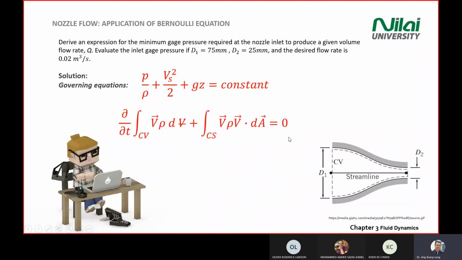We recall the momentum equation again. The momentum equation consists of control volume and control surface terms. How do we identify that this is a momentum equation? You look at the content inside the integration component. You take rho times volume, you get mass.